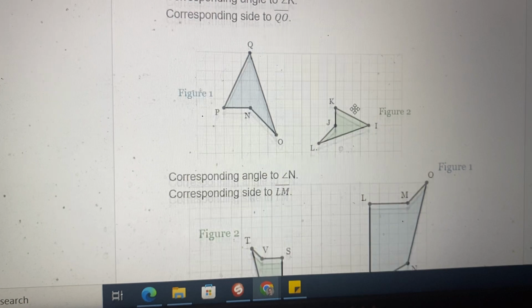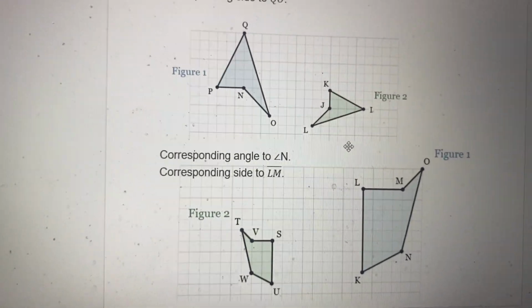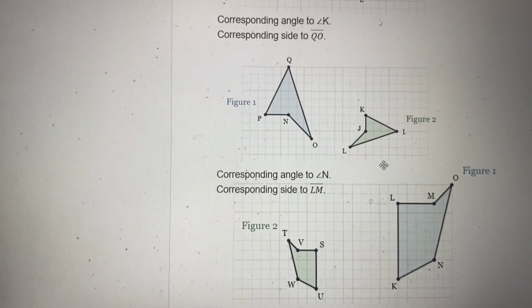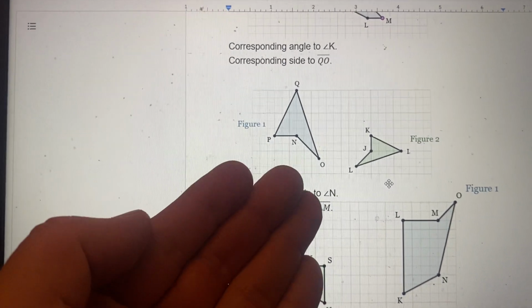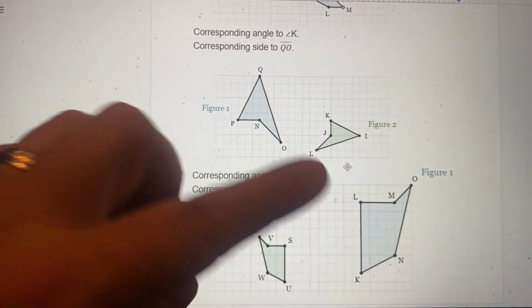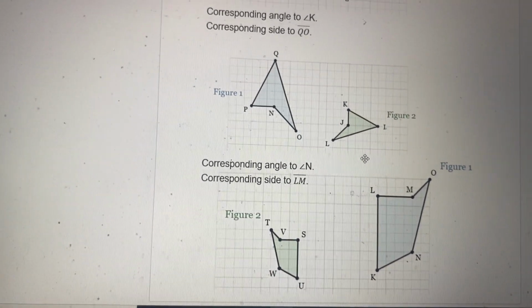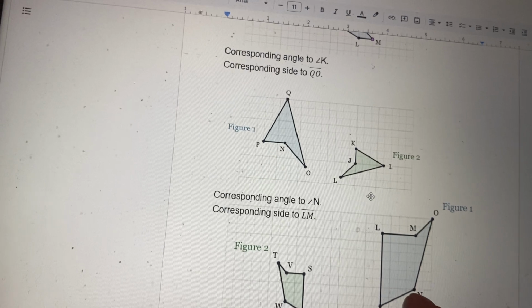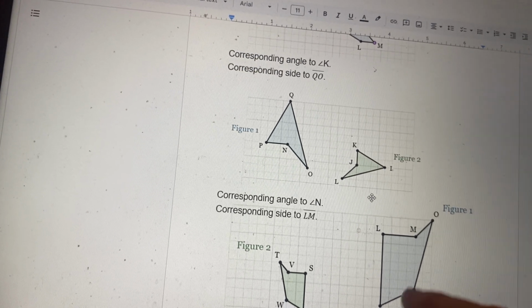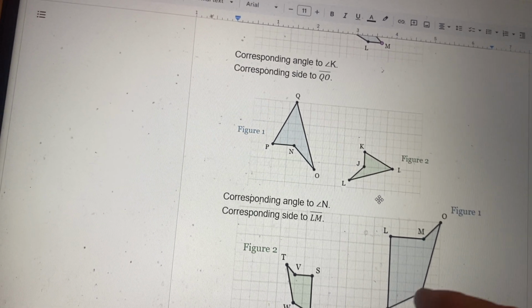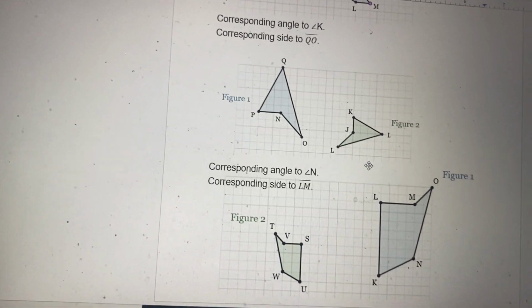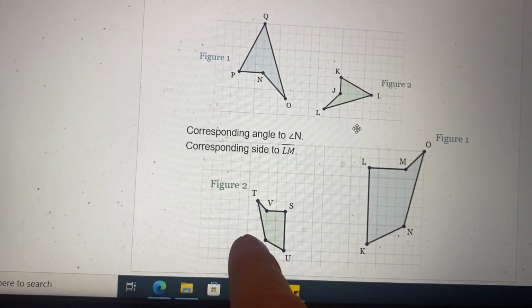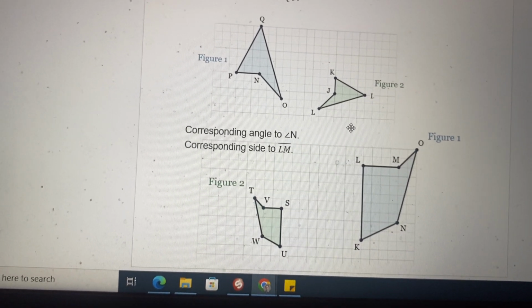The last example that we'll look at here on the notes, the corresponding angle to angle N. Now this one's a little different. This one has been flipped, okay? And you can kind of tell it's been flipped, it's been moved a little bit, it's been resized, but we should see angle N right here and the width of it, how big it is. The corresponding angle, the one that looks like it forms the same kind of angle, should be angle W over here.